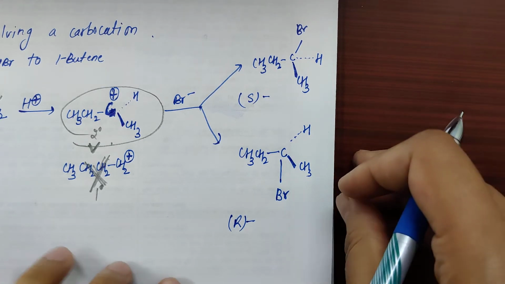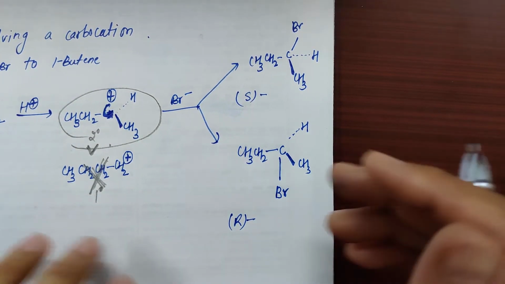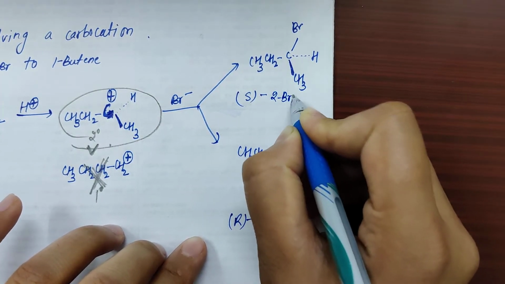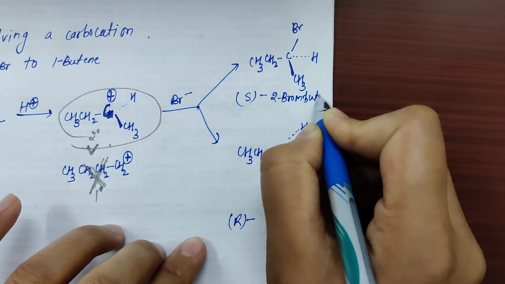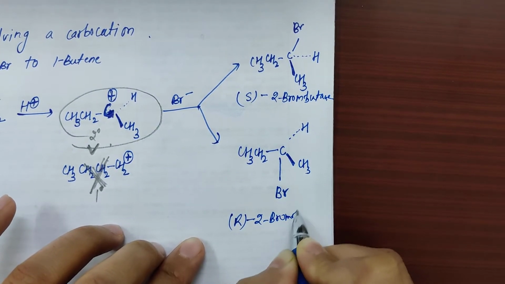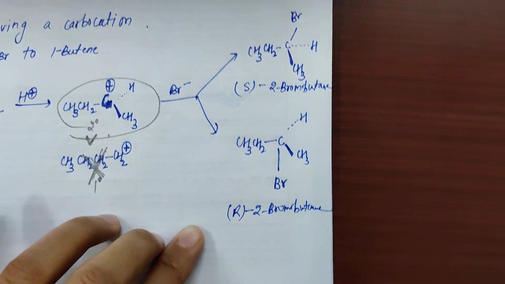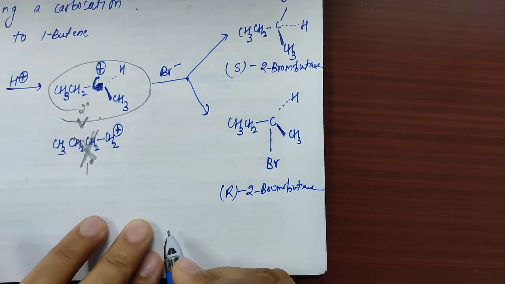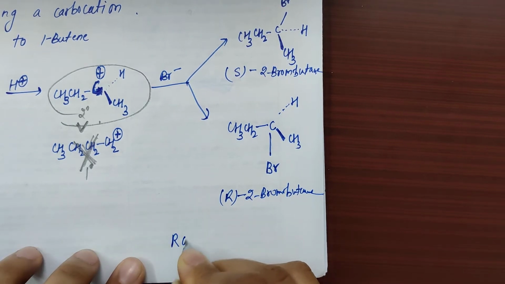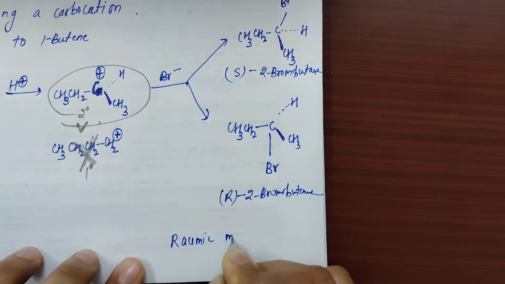So the conversions you will have to practice. So this is S-2-bromobutane, okay, and this is R-2-bromobutane. So the possibility of formation of both enantiomers is equal. So here also you are getting a racemic mixture.